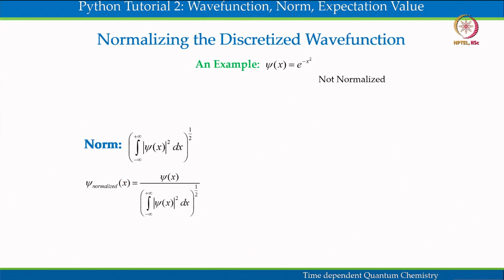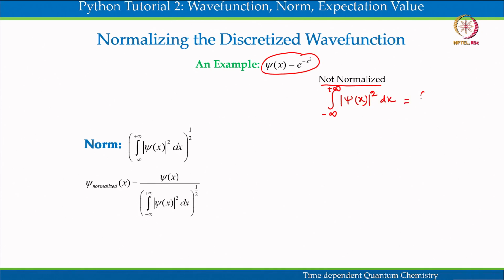This is the form of the wave function we have taken. Clearly it is not a normalized wave function. I can prove that, and in order to prove that, I have to take this integration from minus infinity to plus infinity. Remember, it's an analytical way of doing normalization, and the numerical way of doing normalization we will find out very soon. So we have to take the square of the absolute value of this wave function and then take the integration of it.